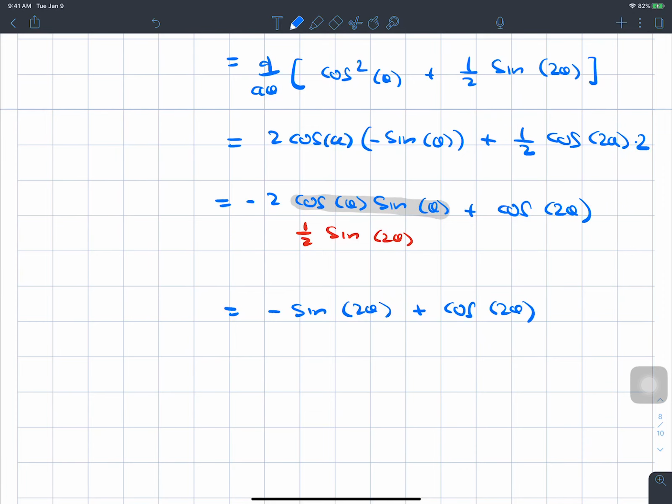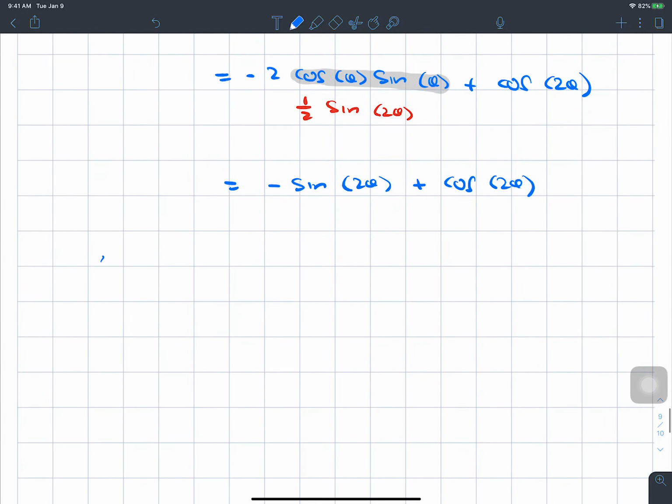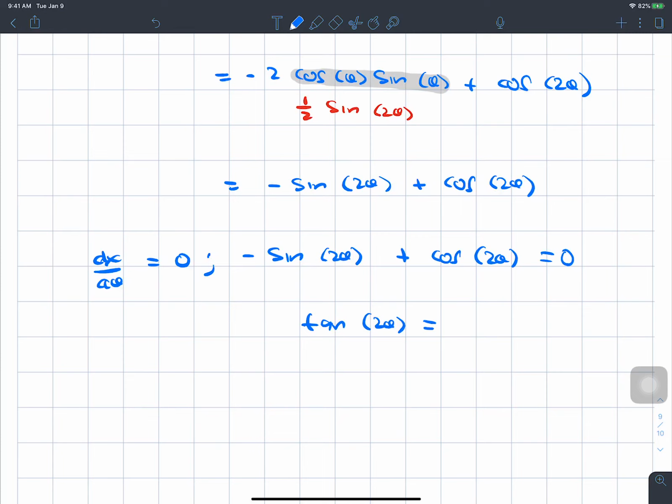Now don't forget, this derivative has to equal 0. So dx/dθ equal to 0 means minus sine 2θ plus cosine 2θ will be 0. If I add sine 2θ to both sides, you guys know how to solve this trig equation, right?